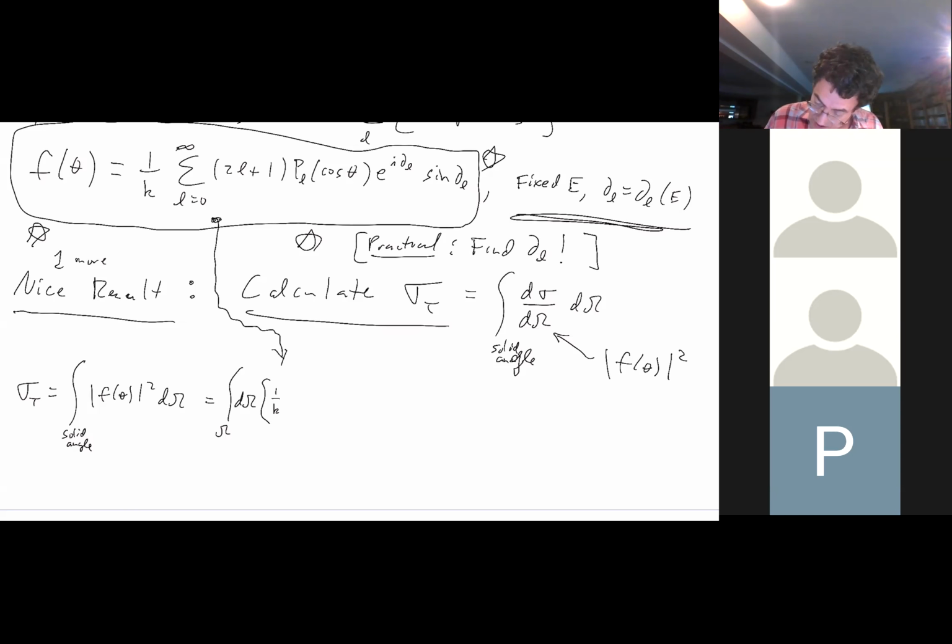I have 1 over k times the sum over L equals 0 to infinity, the square root of 2L plus 1.